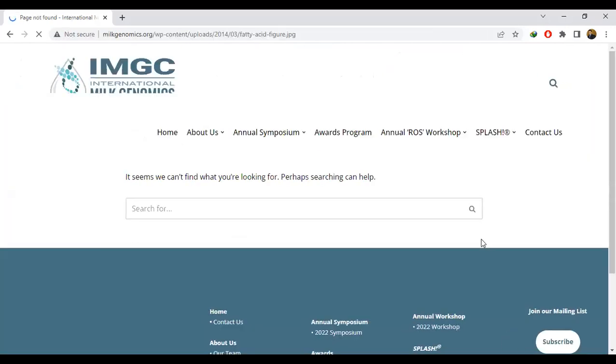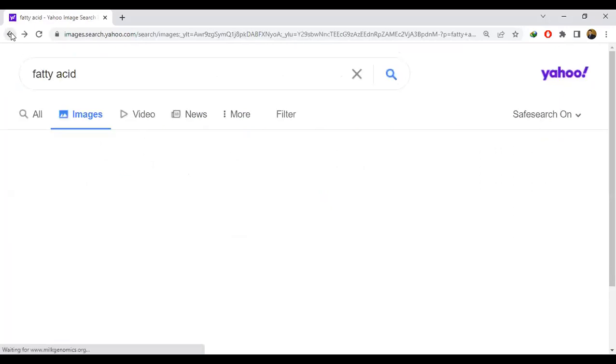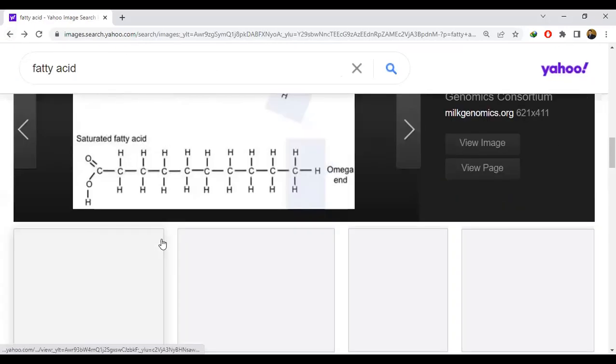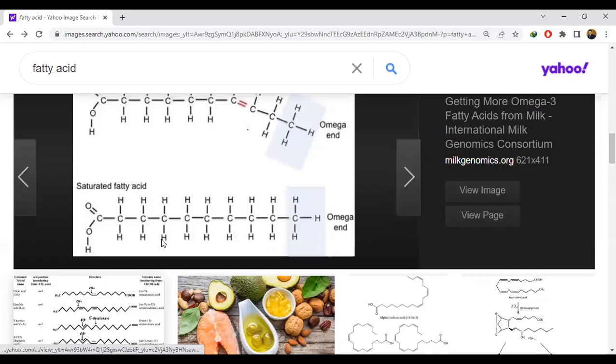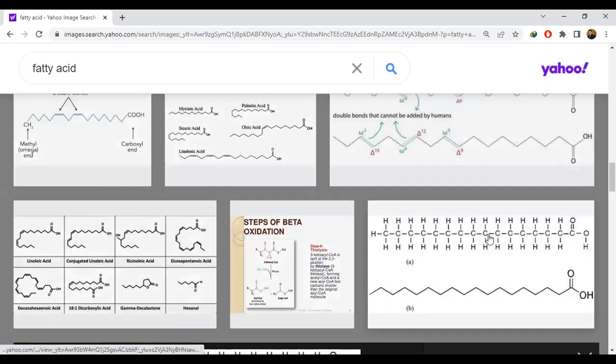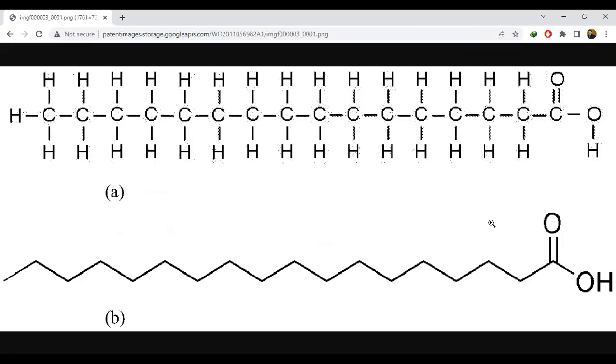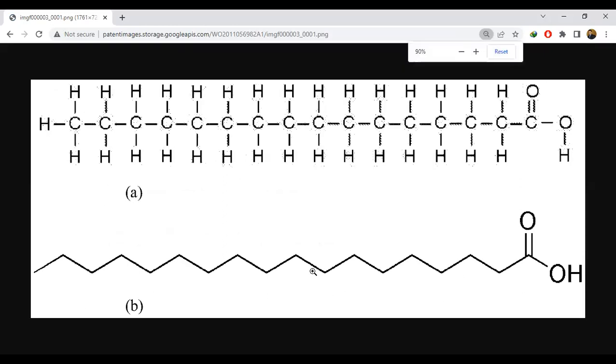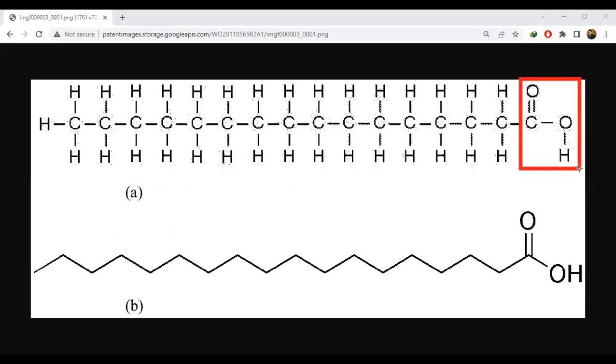Look at this molecule. Don't see the down one. The down one is not your limit. If you take this molecule, this is a carboxyl group.